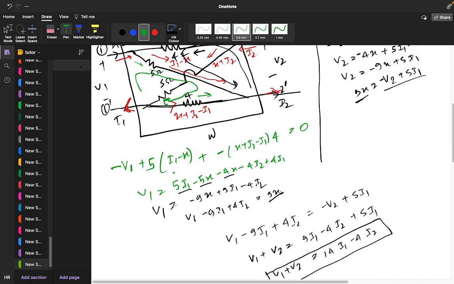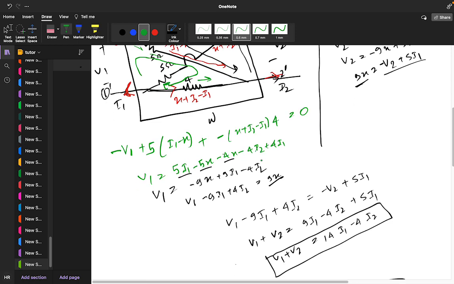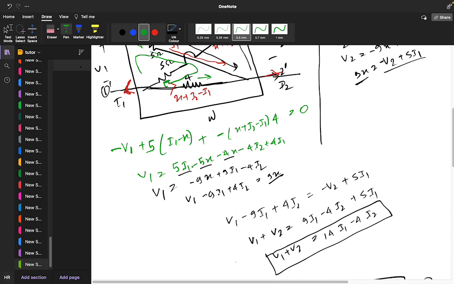We solve this: 5 I1 minus 5x minus 4x minus 4 I2, and this minus becomes 4 I1. That is correct only. And with V1 we are getting minus 4x minus 9x, we are getting 9 I1, okay, minus 4 I2. Up to here it's correct.